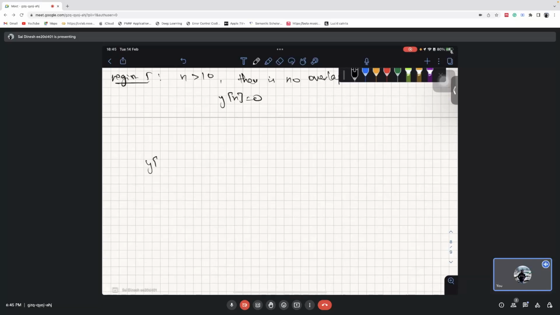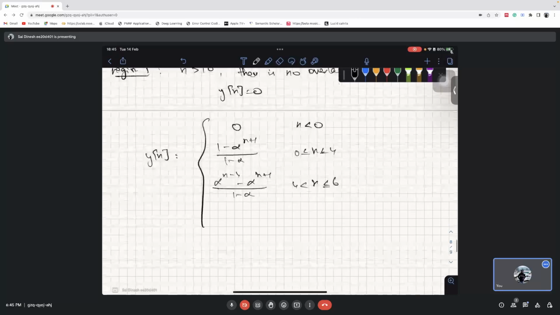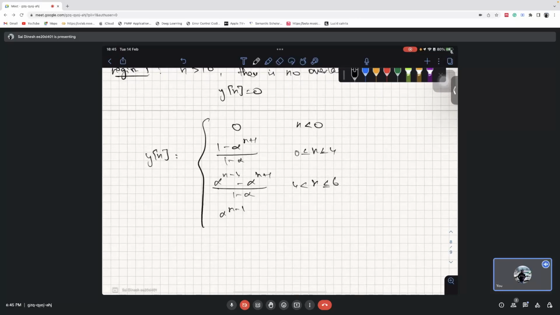So finally what we have is y of n equal to 0 for n less than 0, 1 minus alpha power n plus 1 by 1 minus alpha for 0 less than n less than or equal to 4, alpha power n minus 4 minus alpha power n plus 1 by 1 minus alpha for 4 less than n less than or equal to 6, and then alpha power n minus 4 minus alpha power 7 by 1 minus alpha for 6 less than n less than or equal to 10, and 0 for n greater than 10.